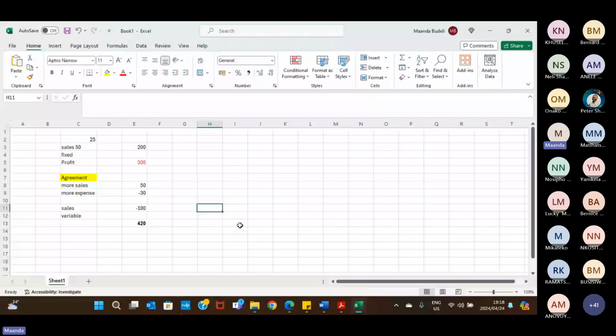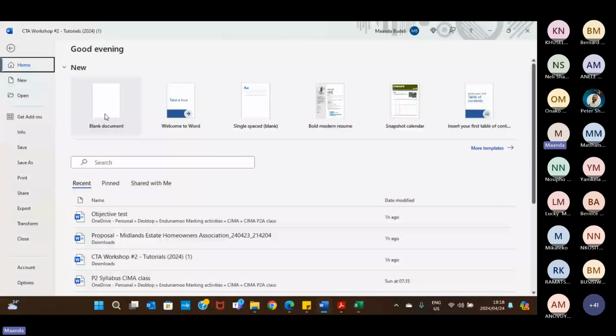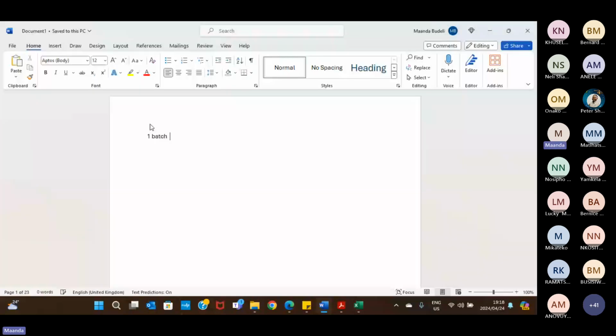So I know that for one batch, I require 15 minutes. So I require this number of hours to do one batch. And if I have 202.5 batches, I can have this as the X that I'm looking for.